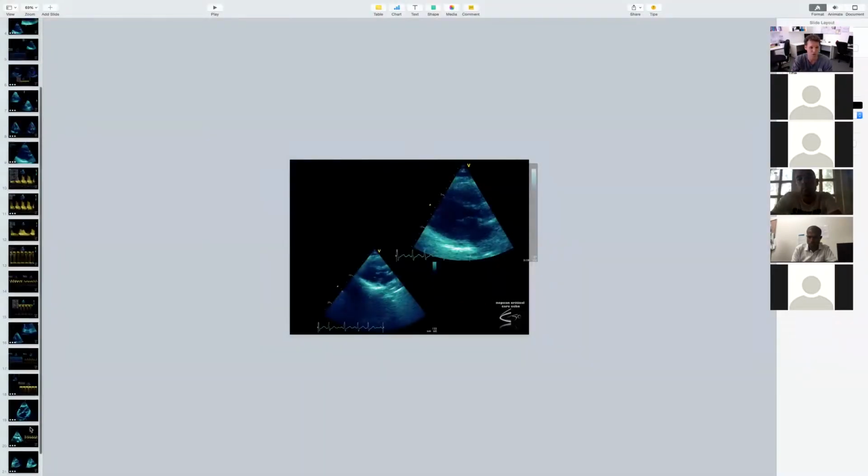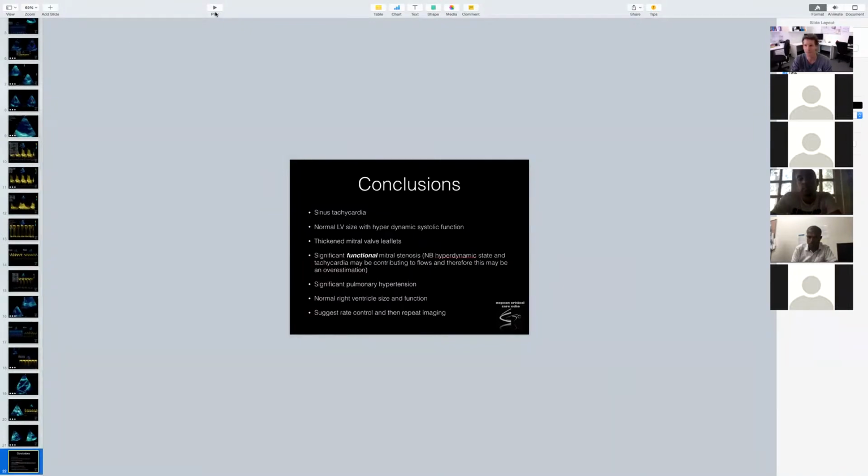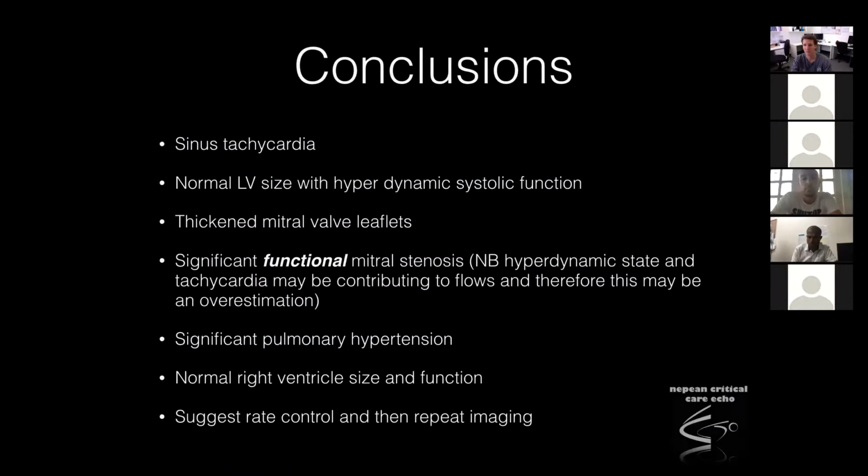Functional mitral stenosis is classically something that's described in the assessment of mild mitral valve stenosis with patients undergoing exercise stress tests, which is what this guy J.O. does a lot of.